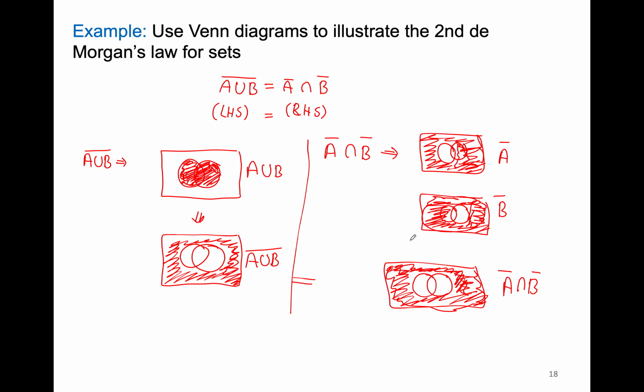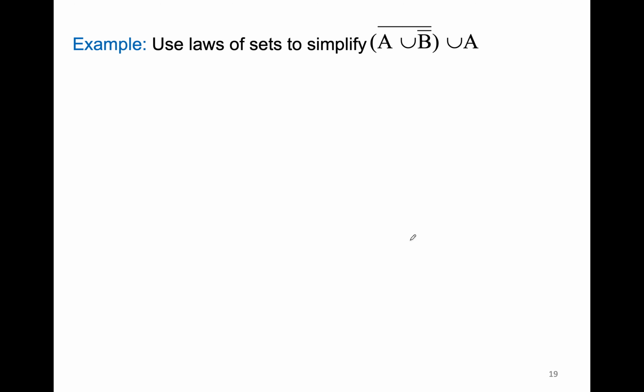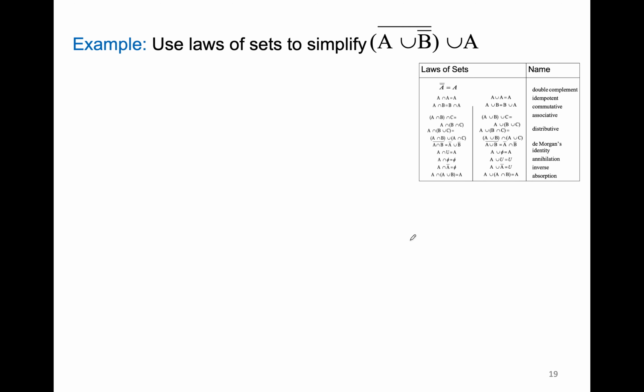Alright, now let's use the laws of sets to simplify the following expression: ((A union B) complement) complement union A. In order to simplify it, we search for any law that can simplify what we have here.